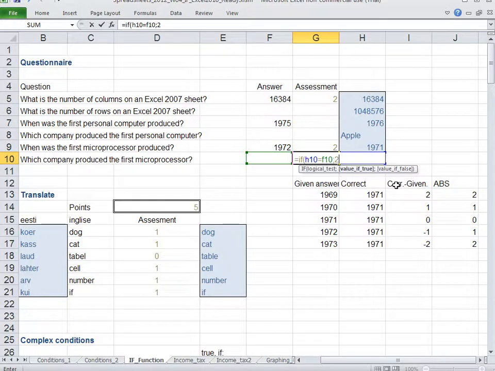Now, we write semicolon, but we should keep in mind that we have only considered the correct answer so far, and we still don't know whether the answer is empty, in which case we want to give an empty assessment, or wrong for 0 points.